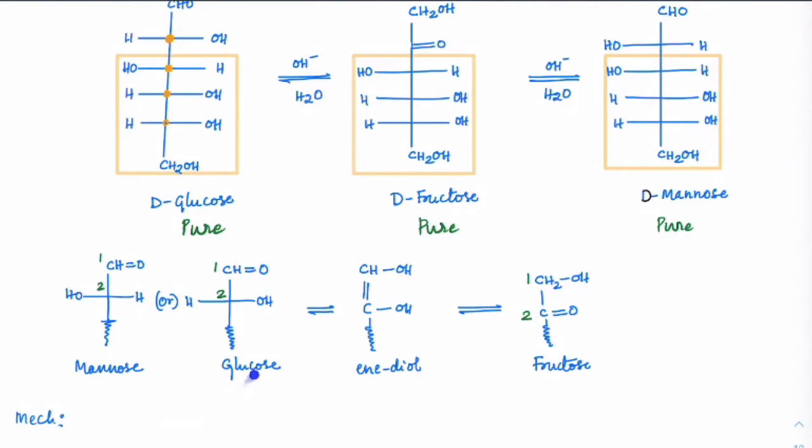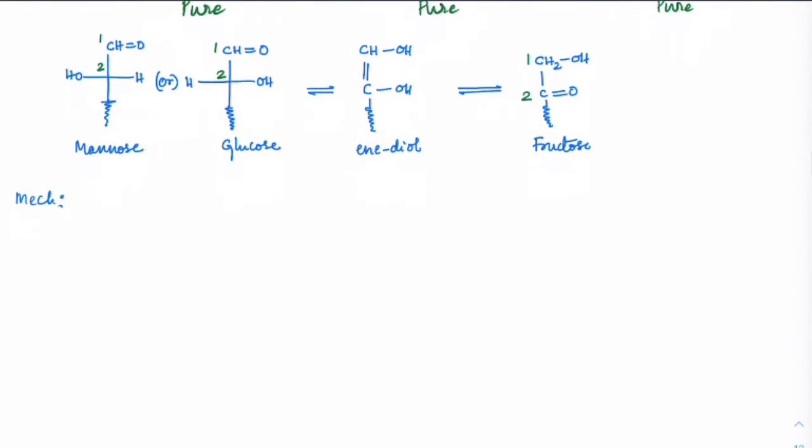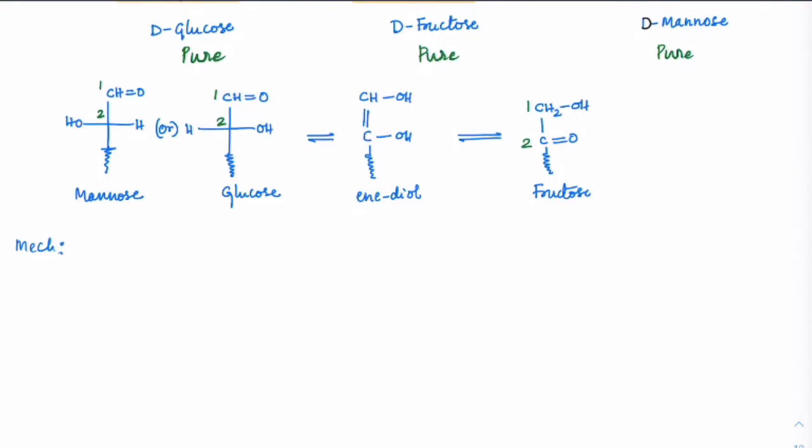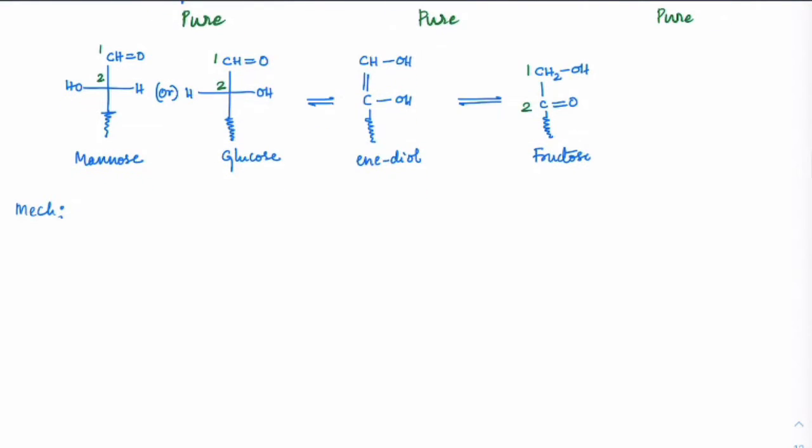So mannose or glucose, both of them will convert into this enediol, and this enediol can become an aldehyde or a ketone. If it becomes a ketone, it will become fructose. If it regains the aldehyde, it can become again glucose or mannose. That is exactly what is seen in basic medium. So in short, it is just a tautomerism step. Let me show you again. Suppose with mechanism, we'll start with glucose.